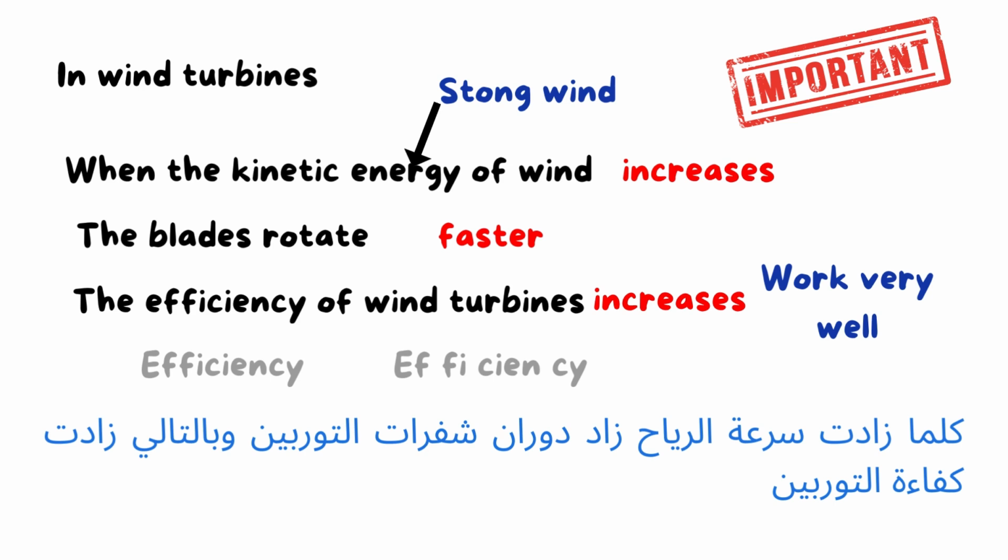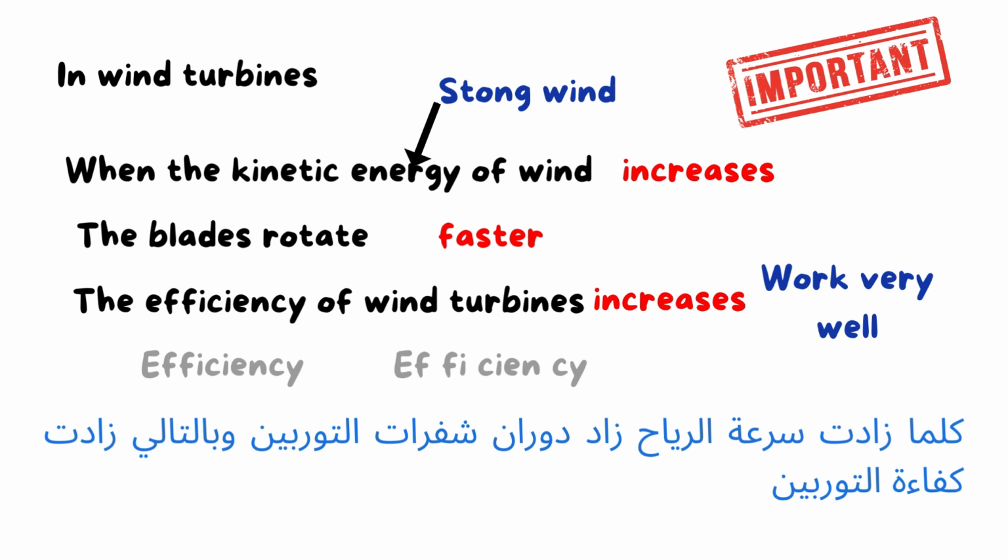The blades of the turbine rotate faster, and here the efficiency of wind turbines increases. What is the meaning of efficiency of wind turbines increases? It means they work very well. They generate more electricity. So it is efficient, or the efficiency of wind turbines increases.